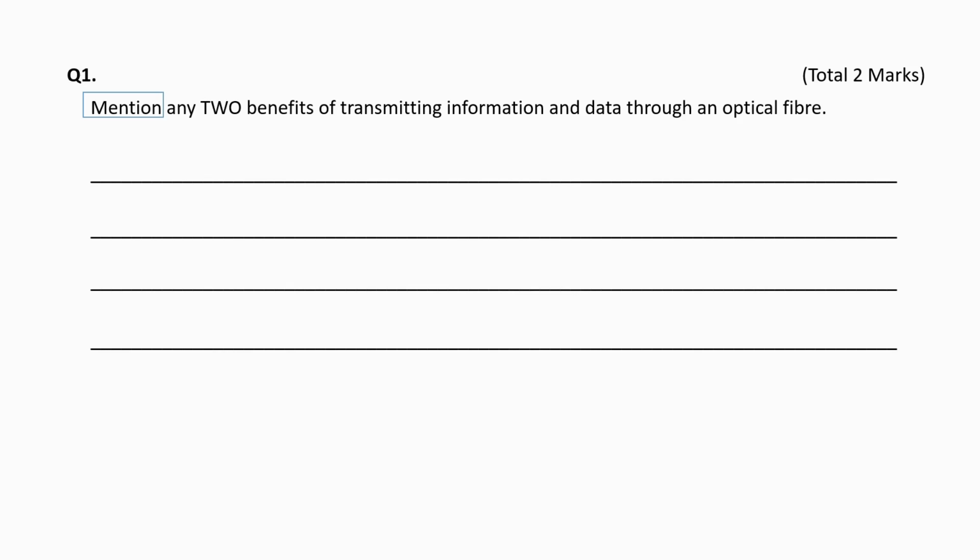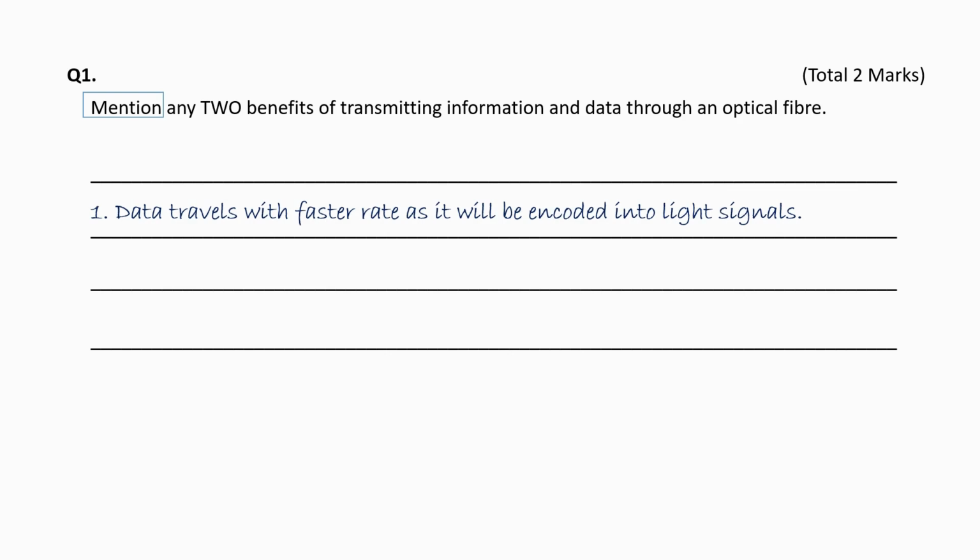And remember, whenever we are using the optical fiber, that means we are using the light signal. Light signal usually has the highest speed compared to anything else. So that means it will increase the data transfer rate, and we would be able to transfer data at a faster rate through the light signals.